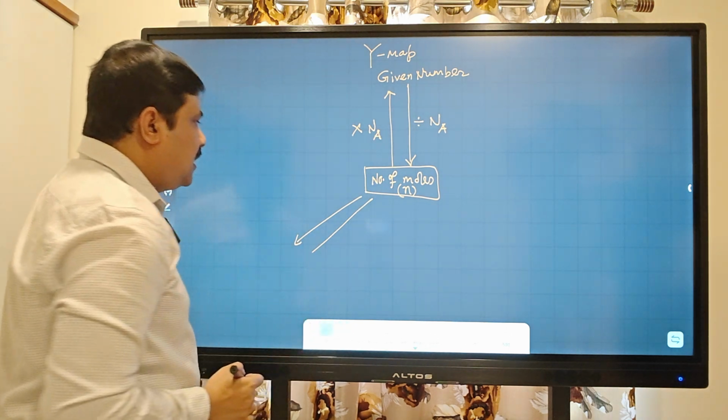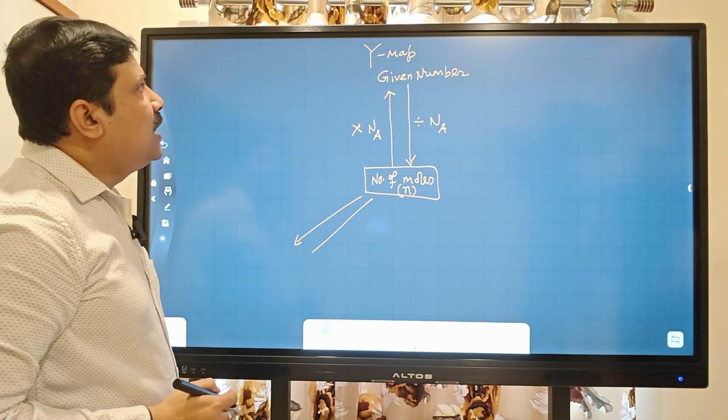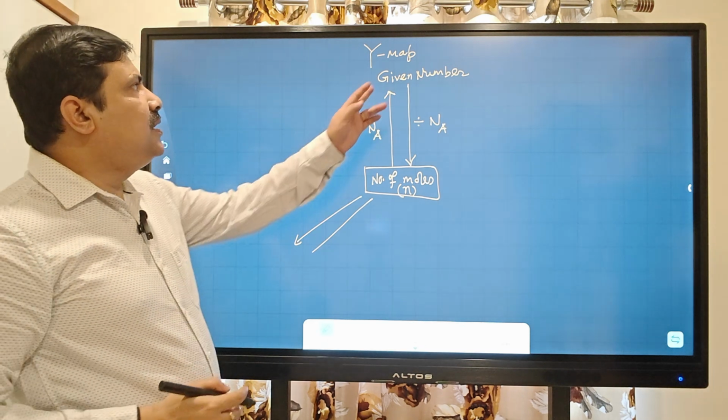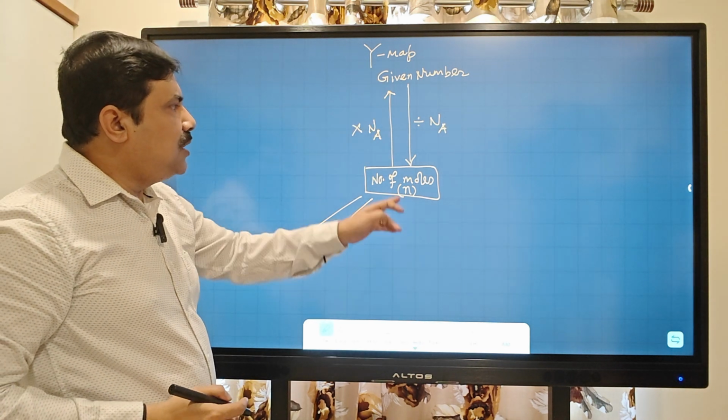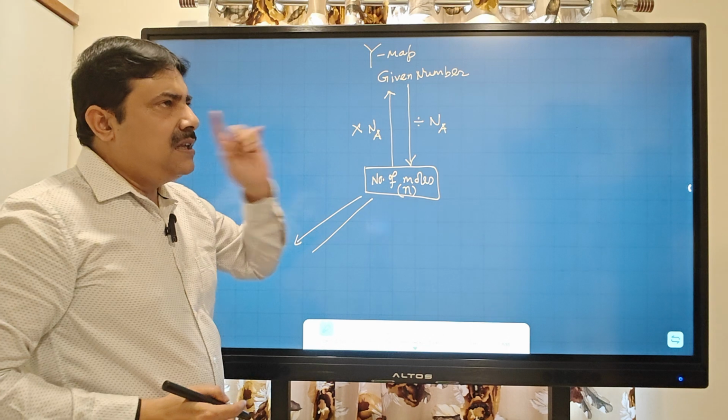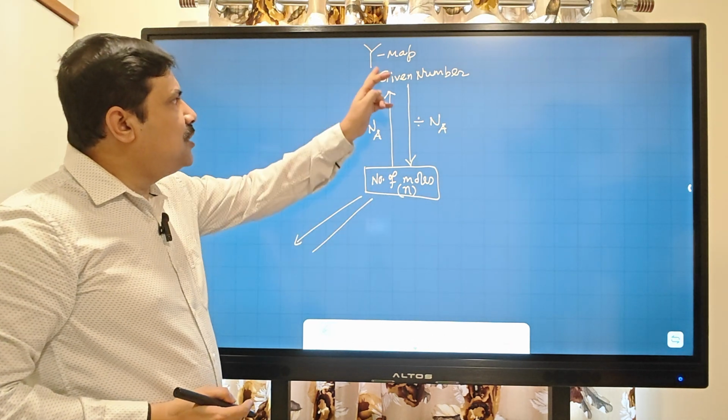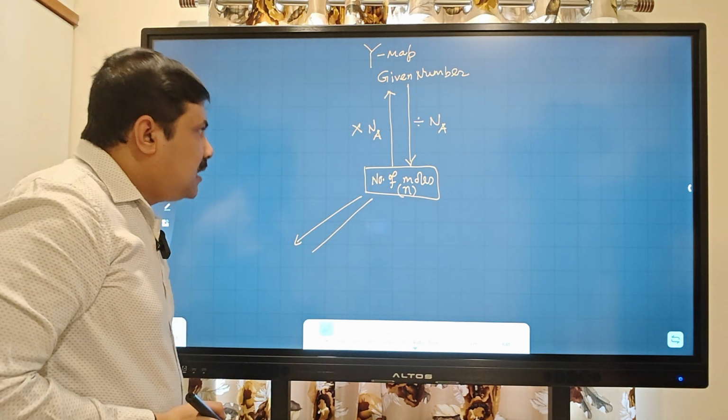Now you look at here. Y map we are going to discuss. Here they are giving the given number, and from given number to number of moles means divide by Avogadro number. Number of moles to given number, multiply by Avogadro number.